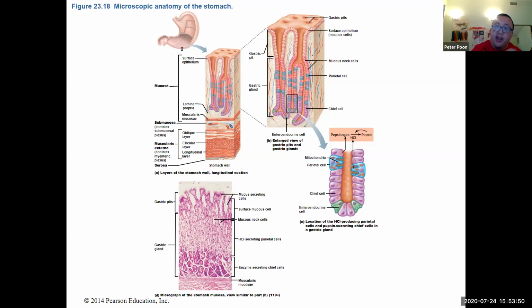Just like you don't want to make active grenades and ship active grenades, you want to put a firing pin in to lock the grenade, ship it, and then pull the pin. The HCl is pulling the pin. It literally cuts off a little bit of the pepsinogen and makes it active.